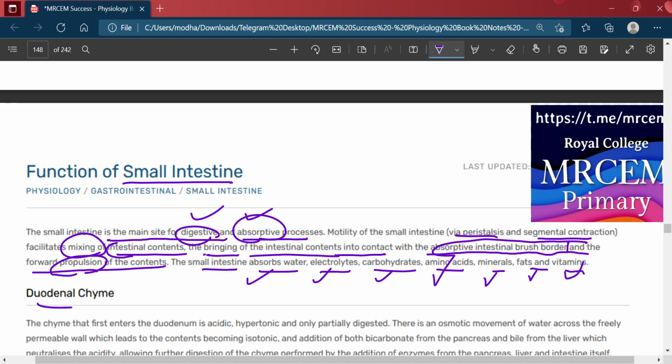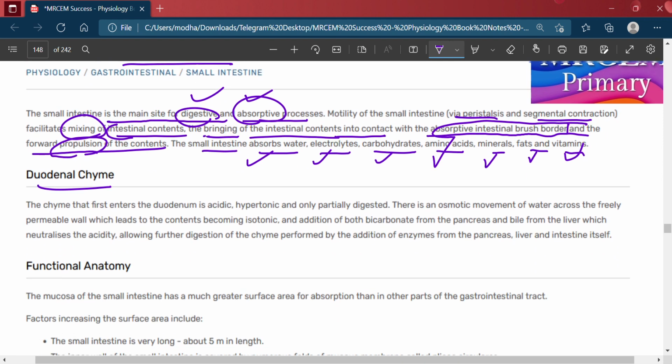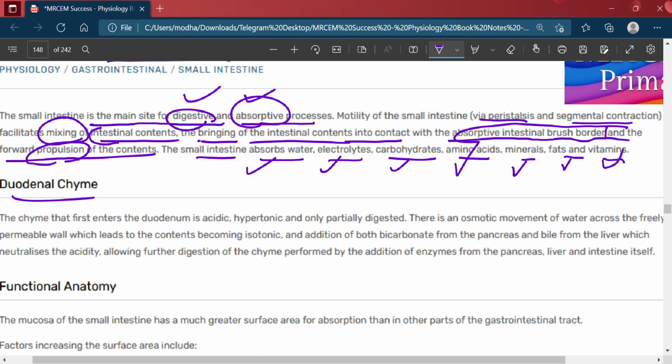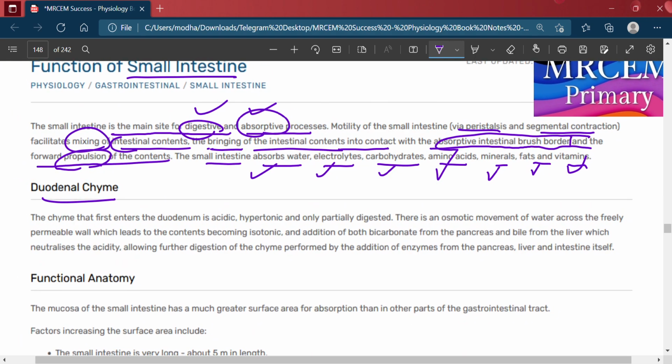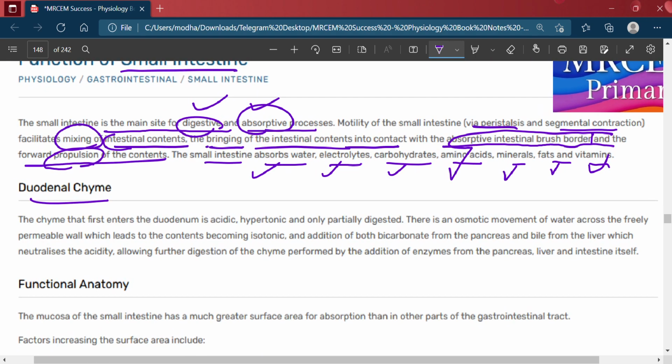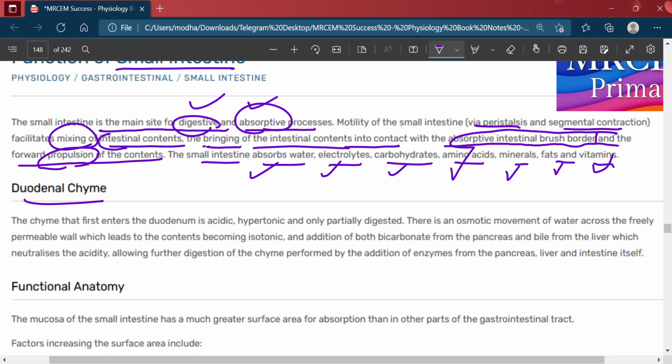Duodenal chyme. The chyme that first enters the duodenum is acidic, hypertonic, and only partially digested.